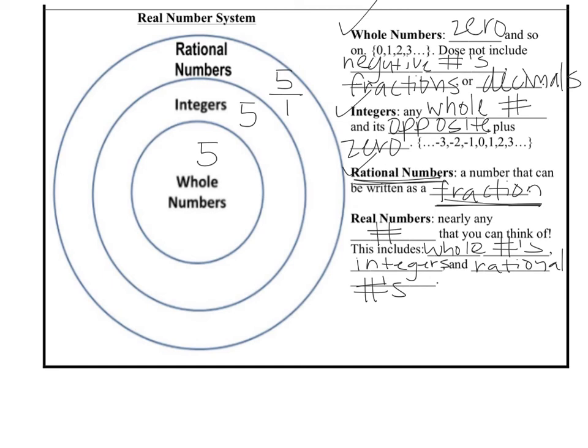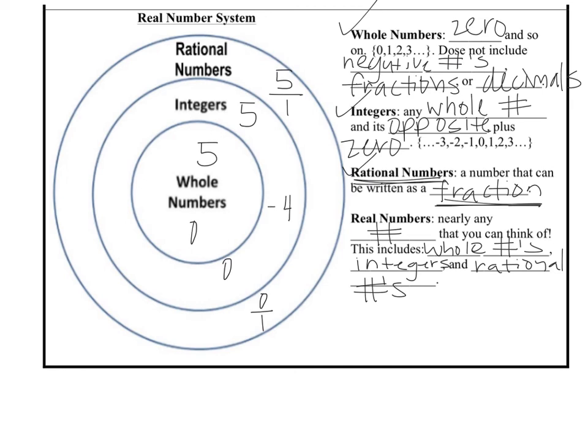Let's look at 0. We know that 0 is a whole number. If it's a whole number, it's automatically an integer, and it's automatically a rational number. All right, what if I give you -4? Well, -4 is not a whole number, but I do know it is an integer.